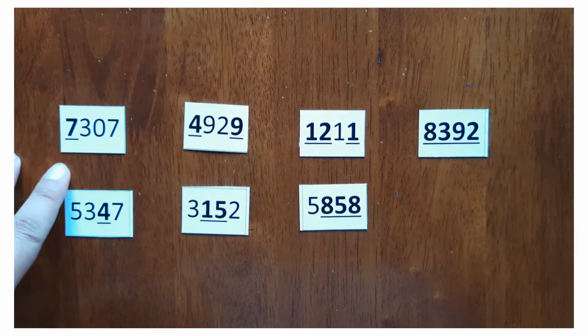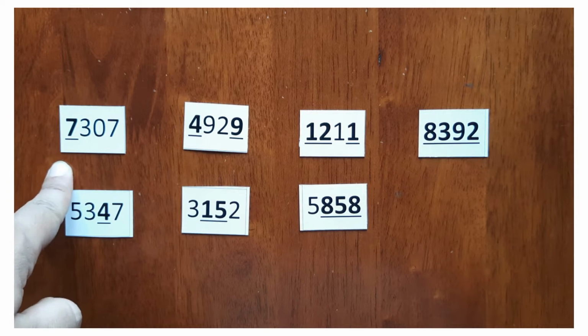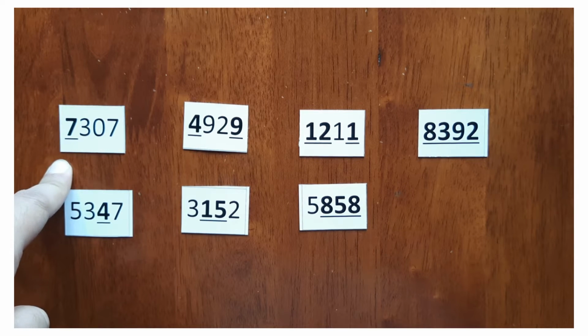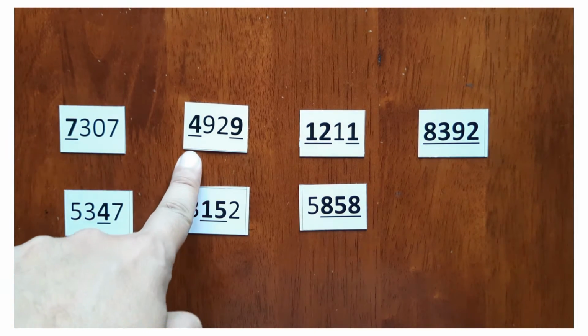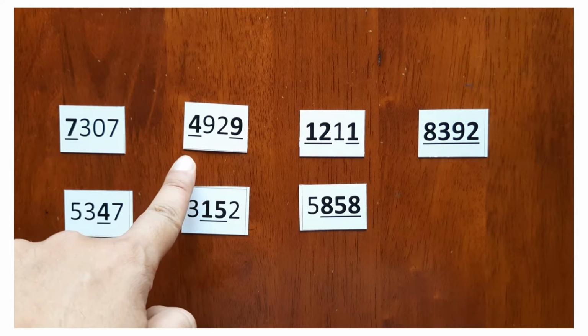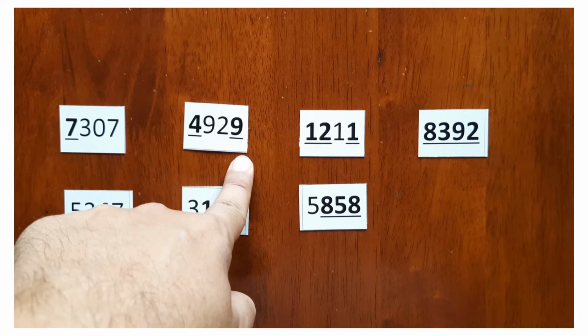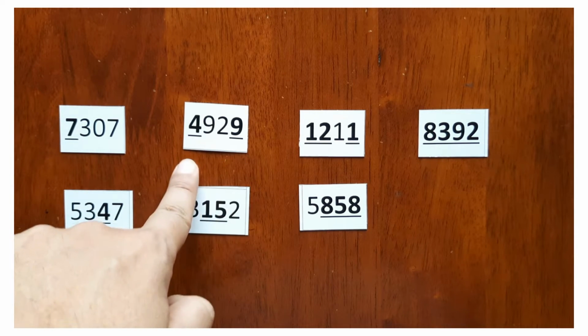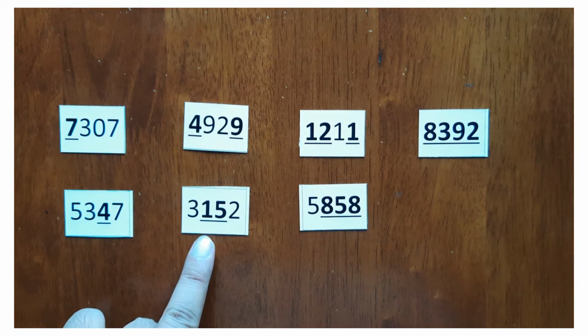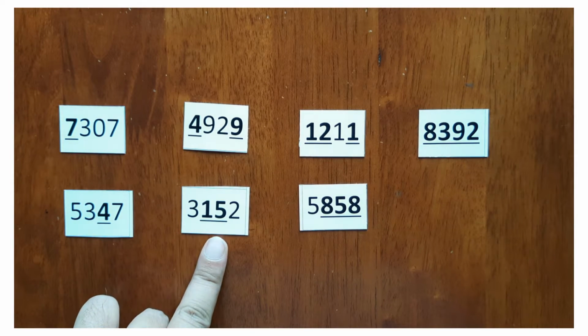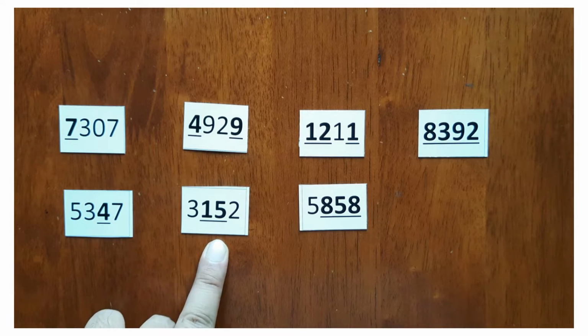So in this case, the token in the thousands hierarchy can move forward by 7 spaces. In this case, the token in the tens hierarchy can move forward by 4 spaces. In this case, both the tokens in the thousands hierarchy as well as the units hierarchy can move forward by 4 and 9 spaces respectively. In this case, the tokens in the hundreds hierarchy as well as the tens hierarchy can move forward by 1 and 5 spaces respectively.